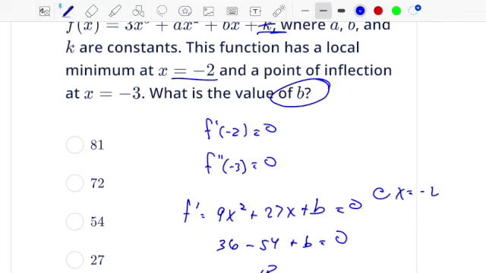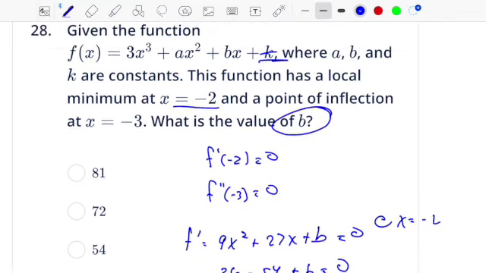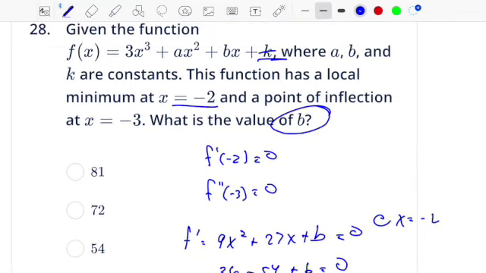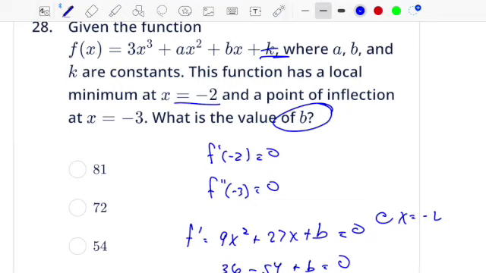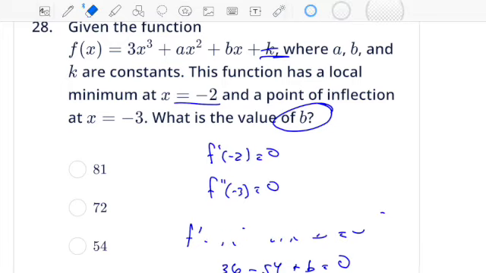What did I mess up in there? B is 18. Where's the local minimum? 36 minus 12 should be 18. Okay, that means I've got something wrong with a value.